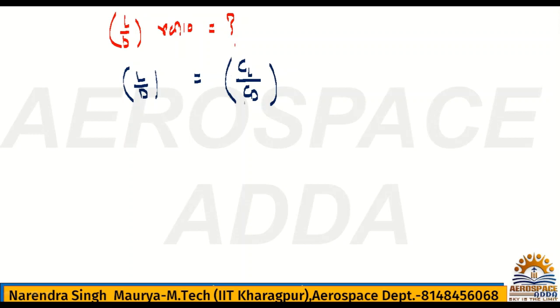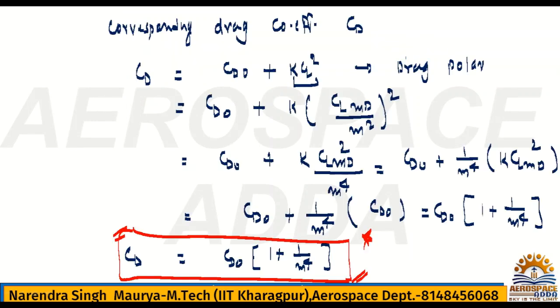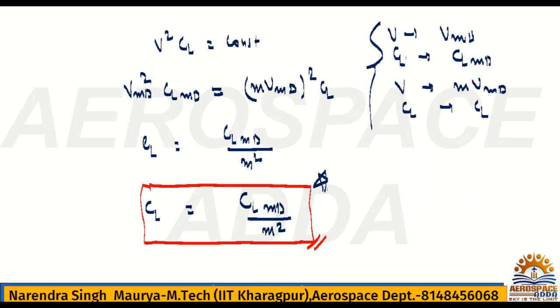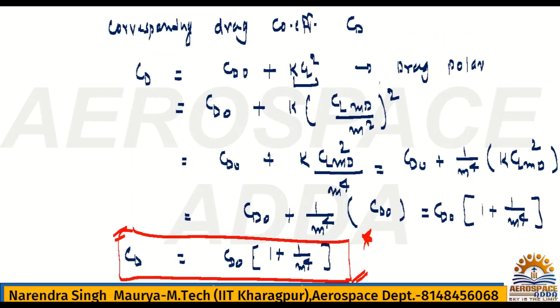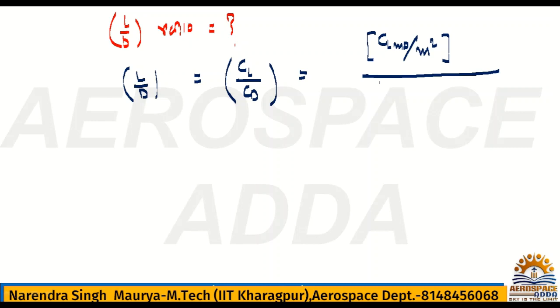Alright, what is the CL you have calculated? CL MD by m square. Check the CL value, CL MD by m square. What is the CD? Just now you have calculated, it is nothing but CD naught in bracket 1 plus m to power 4.